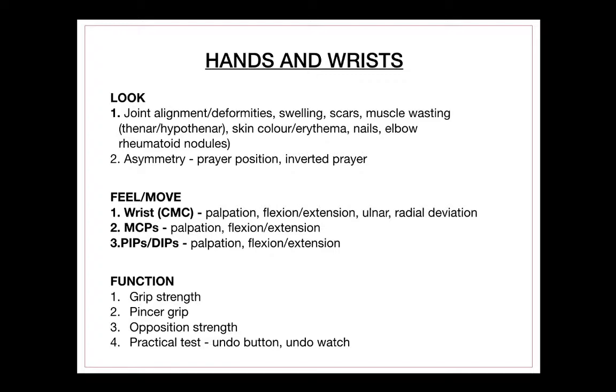And the other thing is you're actually meant to be feeling in the joint space, not on the actual bone. So feeling in between there for any pain, and then I like to do the palpation and then the movement for that joint. So flexion, extension, and then your deviation, and then move to the next one and do the same thing.